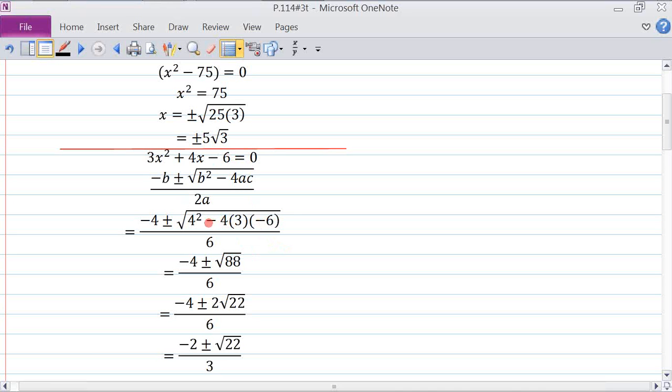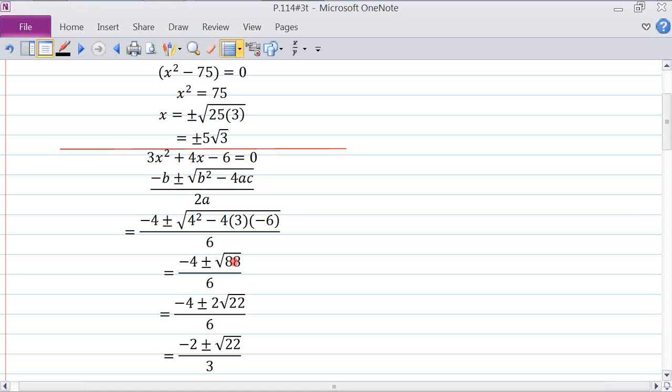So here we have 16 plus 72. 4 times 3 times 6 is 72, and it's plus because you have a minus here and a minus here. So 16 plus 72 equals 88. Now 88 is 4 times 22.